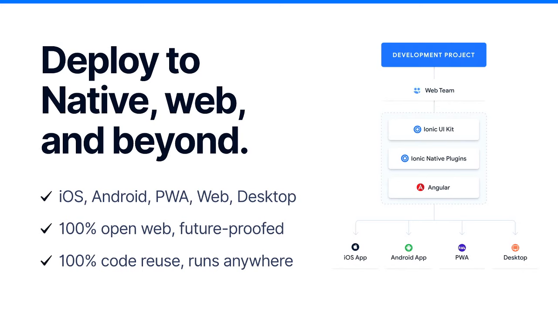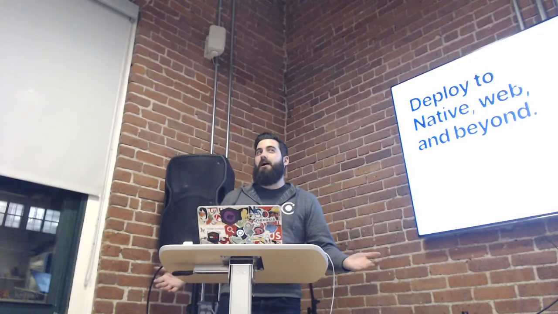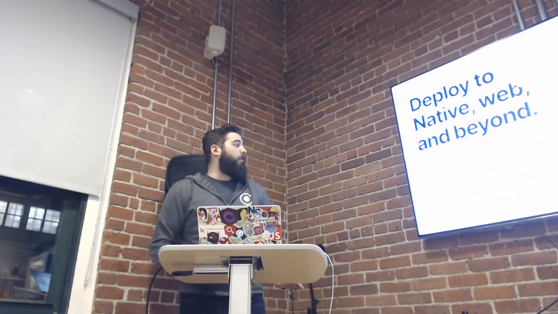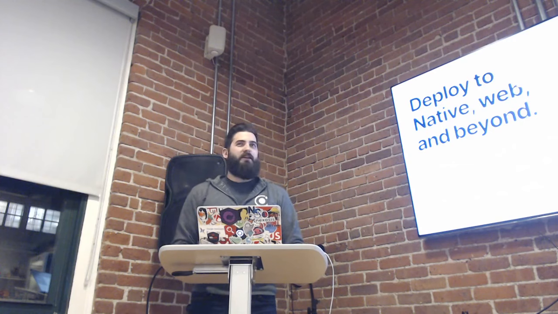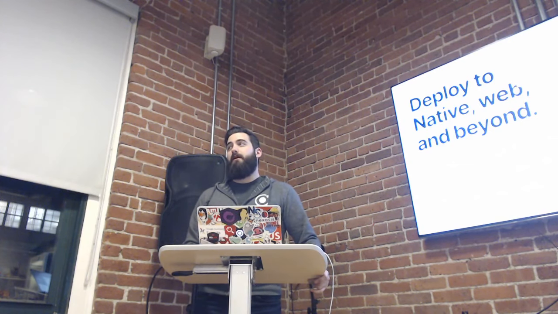And then we've been rethinking how you can build out your apps to target not just native iOS and native Android, but web apps as well, and also target other options like Electron. Electron is a really popular solution for building desktop apps. Why not build an Electron app with Ionic and Angular? We have been going through this, and we've got some pretty good ideas, but it aligns with how we think web development should be.